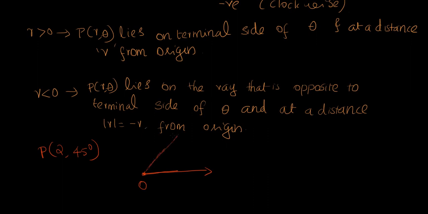Suppose this is the 45-degree ray. Next, measure the distance from the origin, suppose here that is 2. Then P is a point whose distance from the origin is 2, and from the polar axis the angle is 45 degrees.